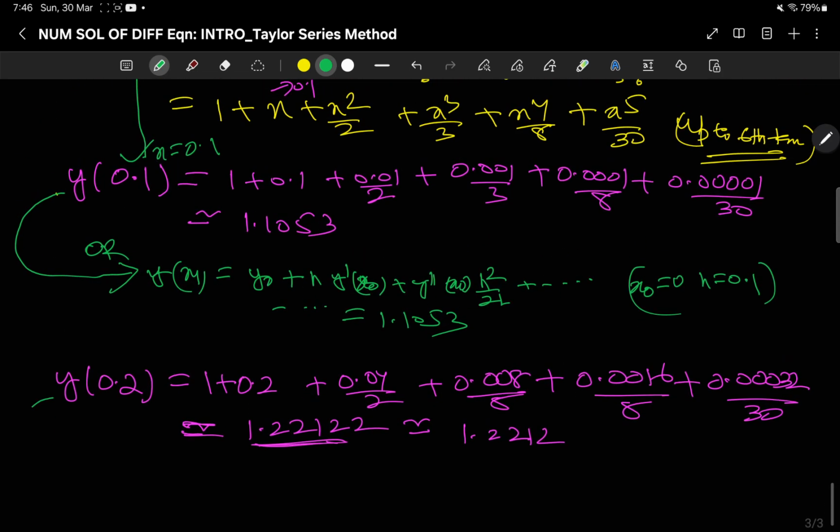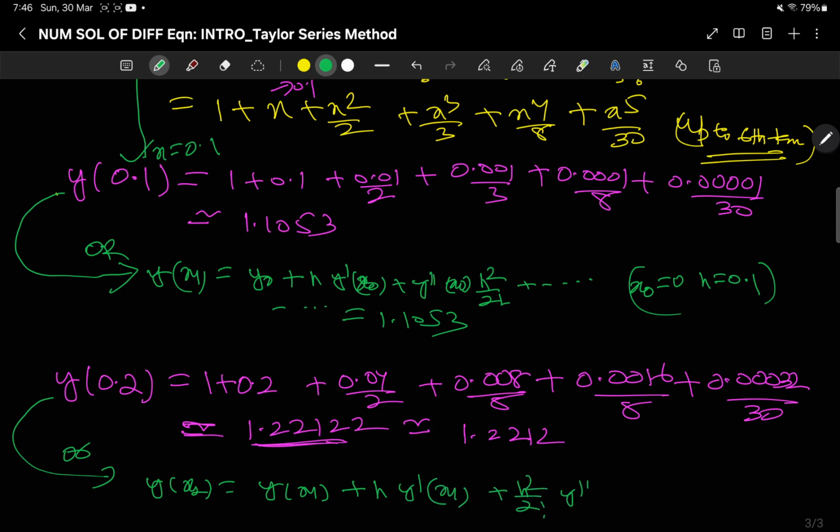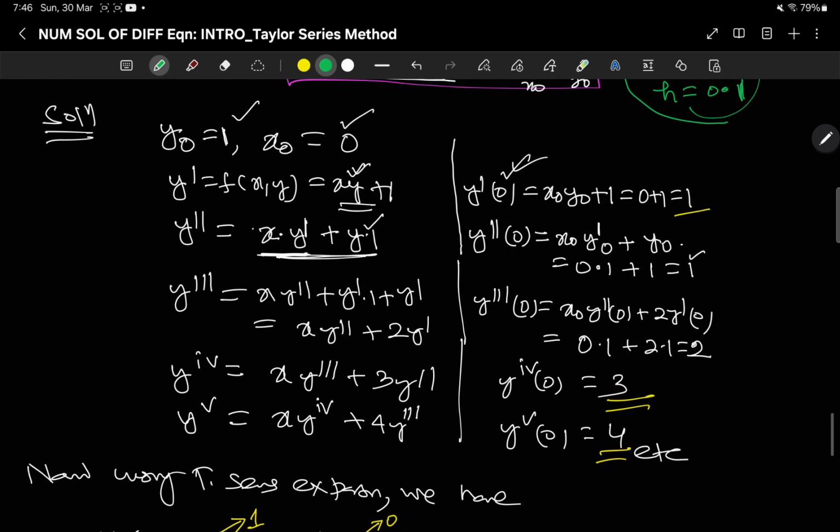And similarly here I can apply, alternatively, y of x2 is equal to y of x1 plus h y dash x1 plus h square by factorial 2 y double dash x1, and I continue. So here what is x1? x1 is equal to 0.1, I substitute, h is equal to 0.1, I substitute. So I have to recalculate the derivative here.